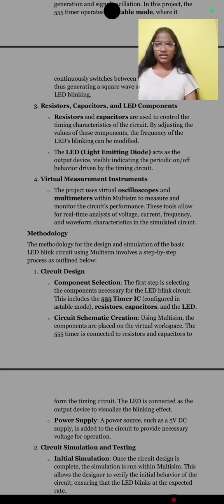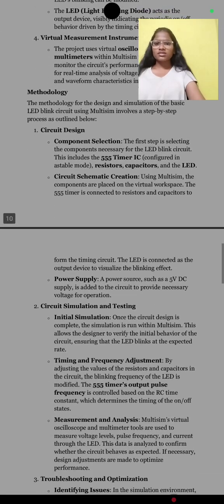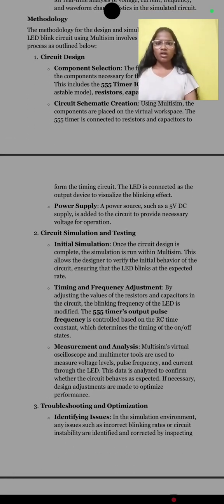Circuit schematic creation. Using Multisim, the components are placed on the virtual workspace. The 555 timer is connected to resistors and capacitors to form the timing circuit. The LED is connected as the output device to visualize the blinking effect. Power supply. A power source such as a 5 volt DC supply is added to the circuit to provide the necessary voltage for operation.